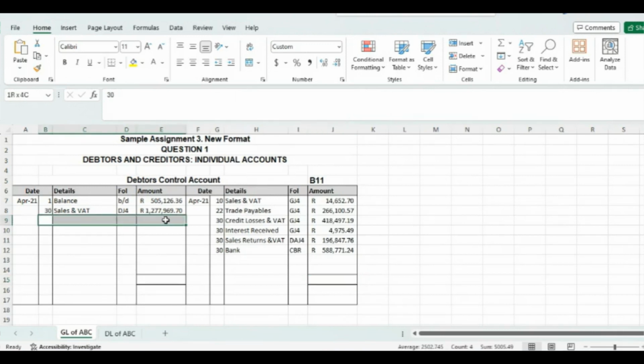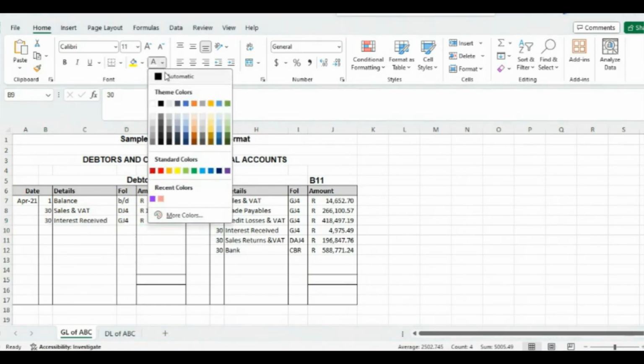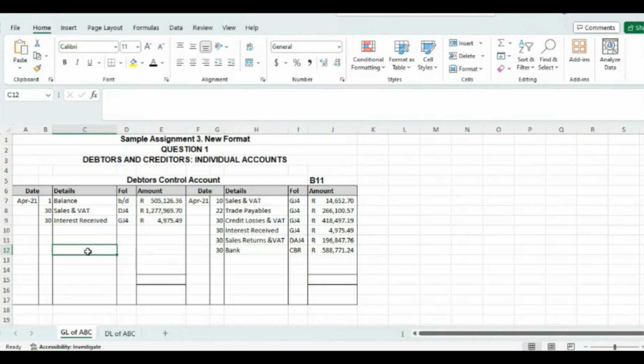Were there other things that increased our account? Well, most certainly there were. The first was the interest received that we had to write back. Remember, we recorded that transaction and then we saw, no, it's not true, and we just wrote it back. So the entry there is still interest received. Here, of course, we have that RD check. And if we have the RD check, that is going to increase our debtors control account again.